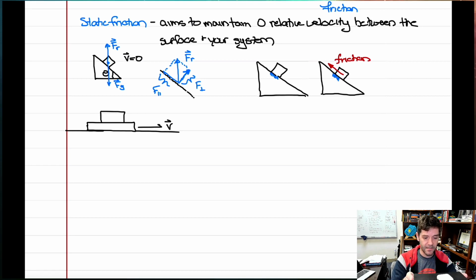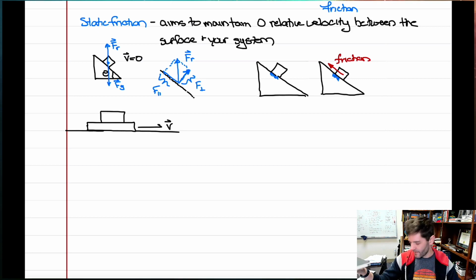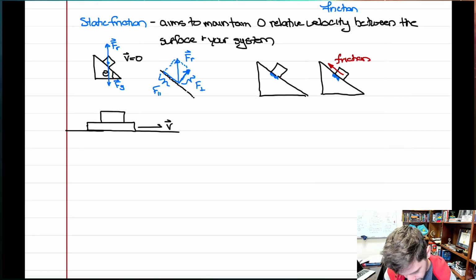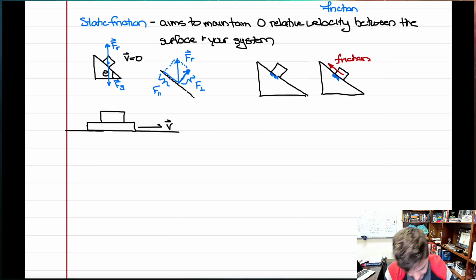Something, though, must be applying a horizontal force to the case, else it would not accelerate in any direction. If there were no horizontal forces, then as I pulled the book, nothing would happen to the case. But since it seems to be moving with it, there is a horizontal force being applied to the case. That's friction. Friction in this case is helping the case move along with the book.